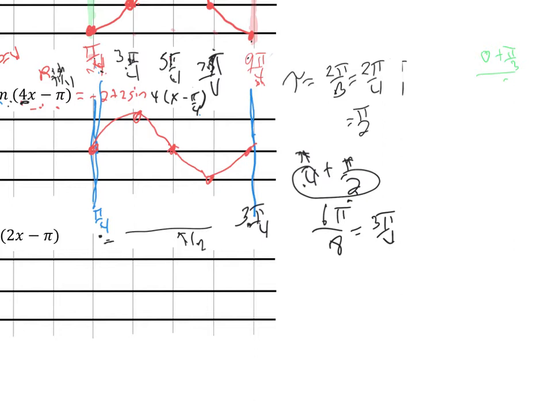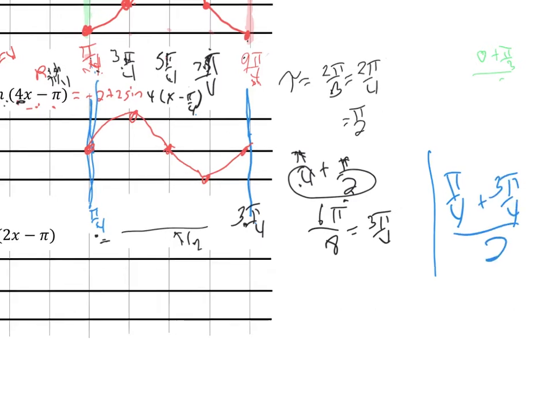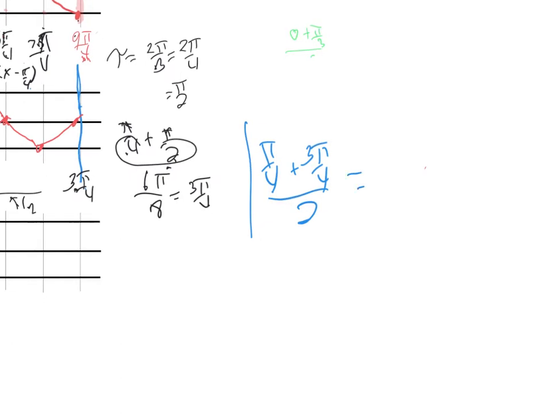I want the middle, so I take my pi over 4. I add it to the 3 pi over 4. Divide that by 2. That turns into a common denominator. I think I did this before, where I say if it's a common denominator, that's 4 pi over 4 divided by 2.